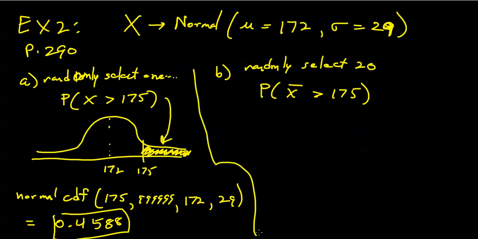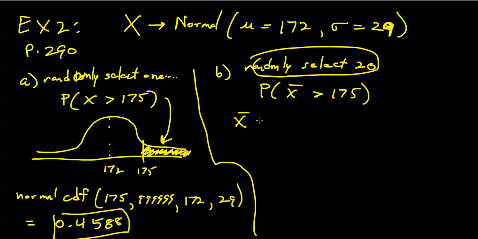Again, 175 is above the mean, maybe significantly above the mean. So remember, if you're talking about a sample of size 20, it's more difficult or less likely for a sample mean to be in an extreme range or away from the population mean. Alright, so I can grind this out.